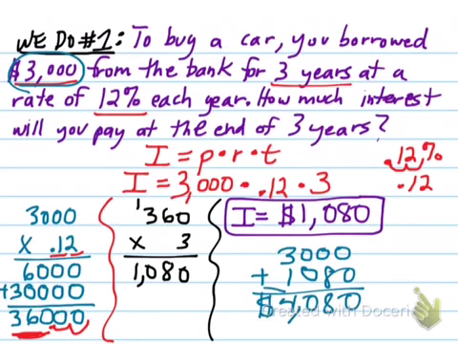So the actual cost of borrowing from the bank, $3,000, is actually $4,080, and that's with interest. So interest, if you're borrowing it, means you have to pay more at the end. So again, our final answer, interest is $1,080, but just as a side note, to actually borrow $3,000 from the bank with interest will actually cost you $4,080.